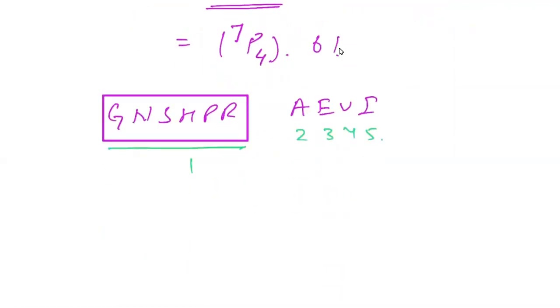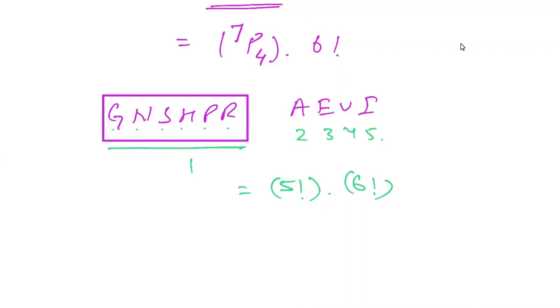They can arrange themselves in factorial 5 ways, and the consonants among themselves, 1, 2, 3, 4, 5, 6, in factorial 6 ways. Factorial 5 into factorial 6, right?